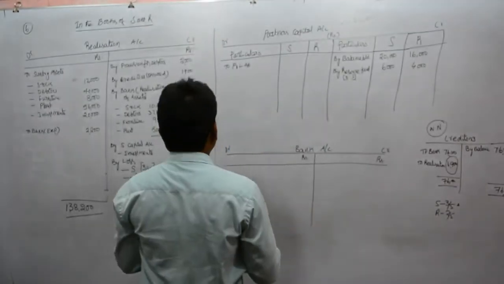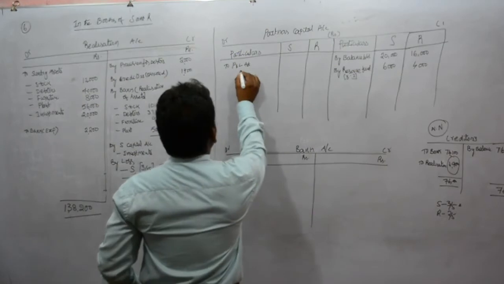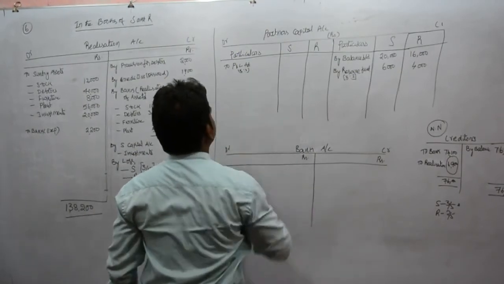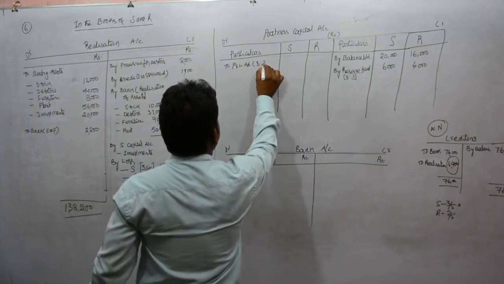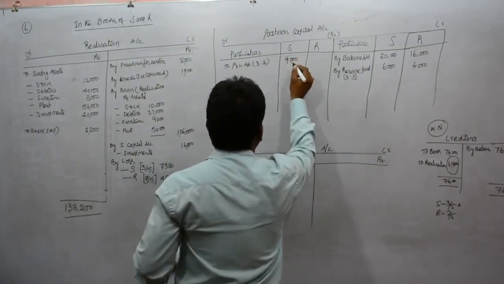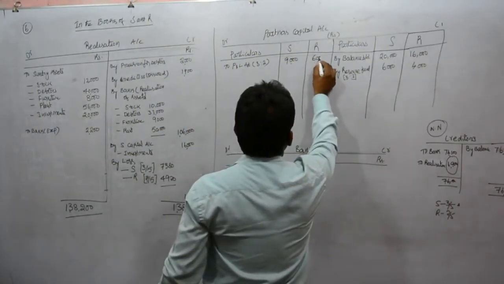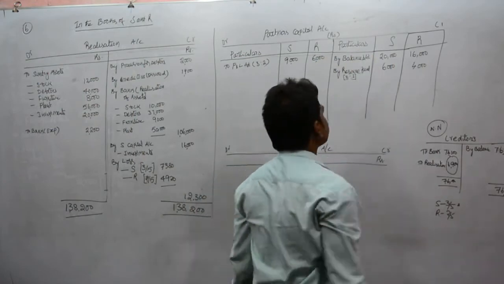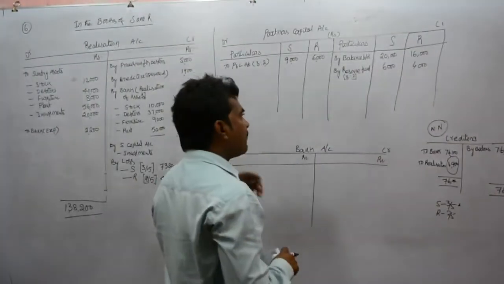That is 9,000 and 6,000, in 3:2 ratio. So profit and loss account 3:2 ratio, 9,000 and 6,000 is over.